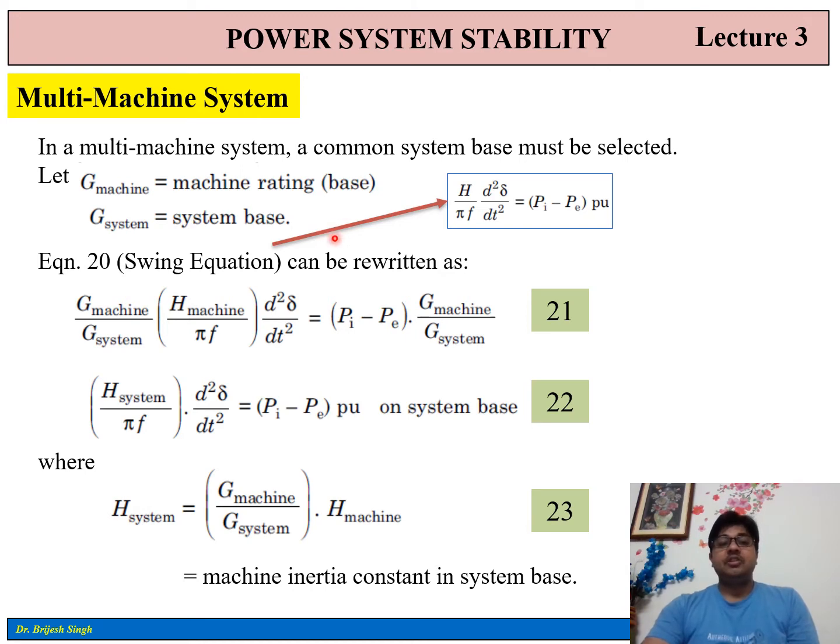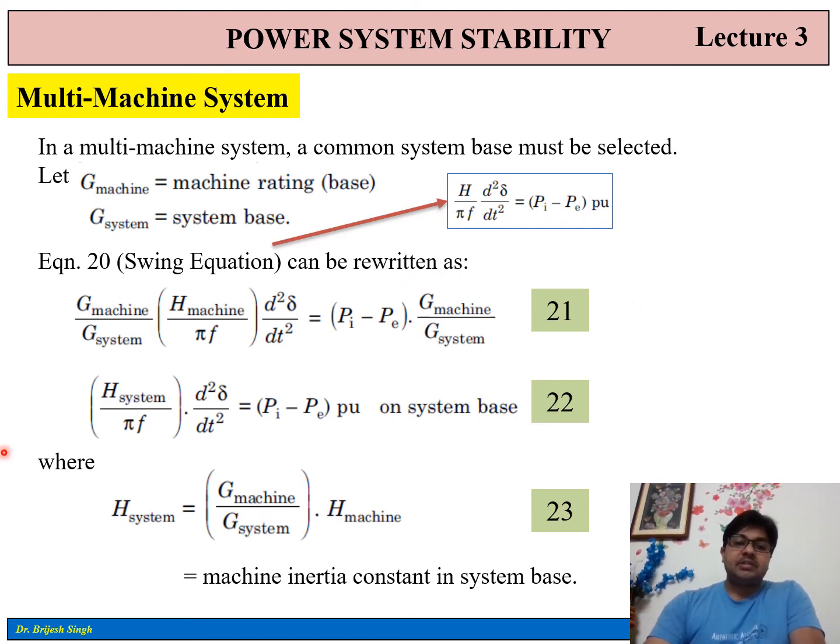By the swing equation we have already derived in the previous lecture, we can rewrite the equation as G machine by G system times H machine upon pi f times d2 delta upon dt square is equal to Pi minus Pe times G machine upon G system, meaning you have multiplied G machine upon G system on both sides of the swing equation, and it can be written as equation number 21.